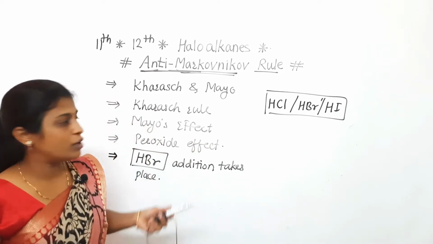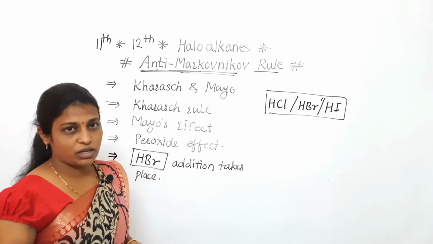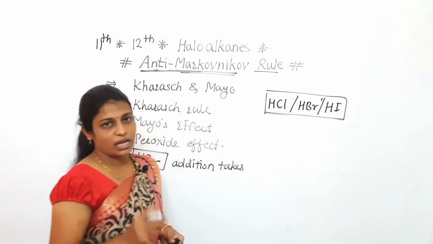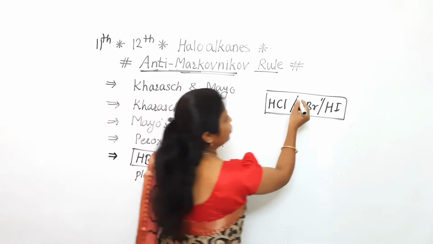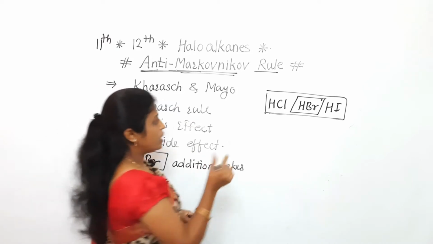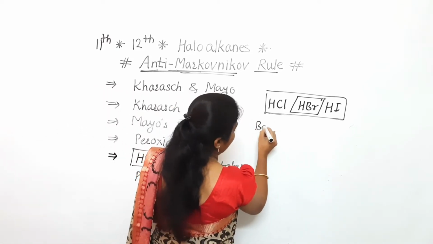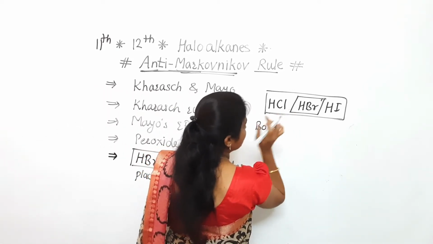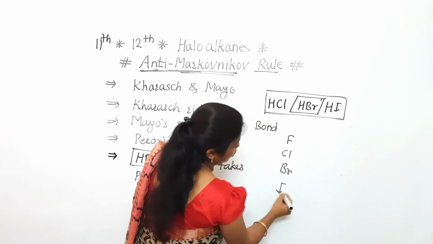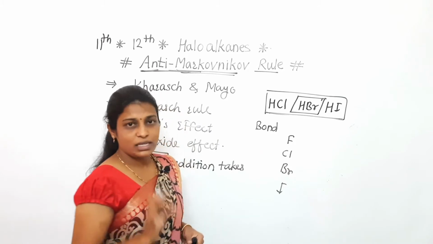Okay. Now say we consider these three unsymmetrical reagents. Out of these three, why is only HBr taking part in this reaction? Now see, if we consider bond length, as we know that fluorine, chlorine, bromine, iodine are elements from the same group.